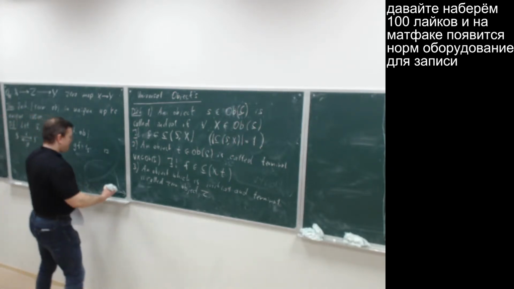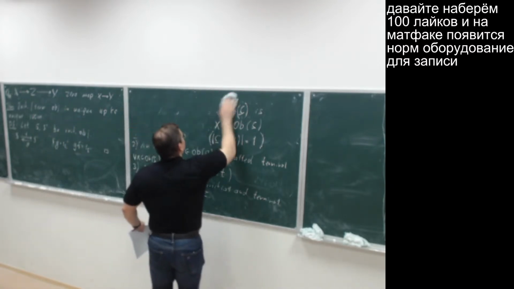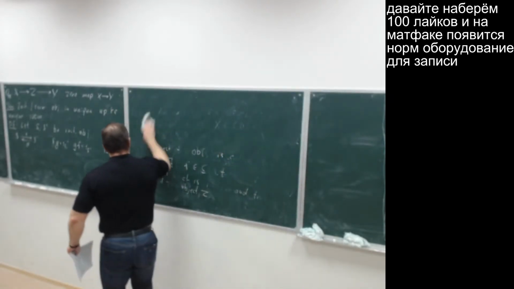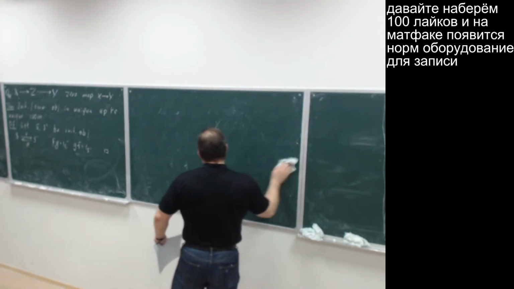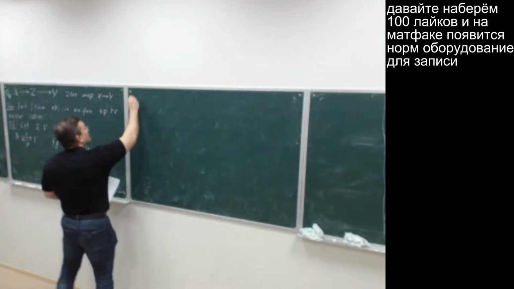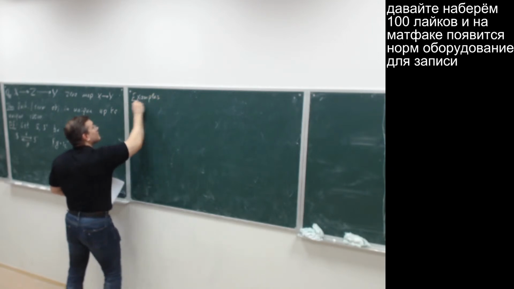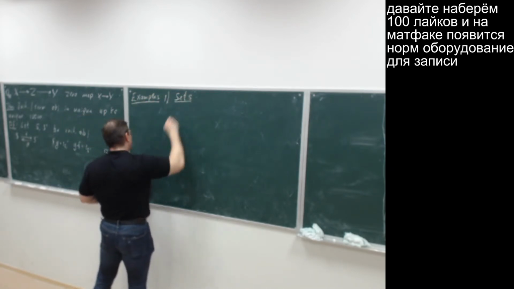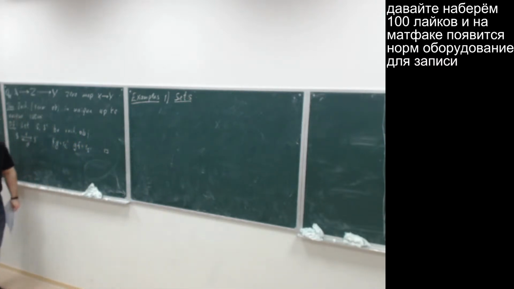Okay, really trivial observation. Now, let's look at several examples. So let's start with the sets. Do you see what's the initial and terminal object in this case?